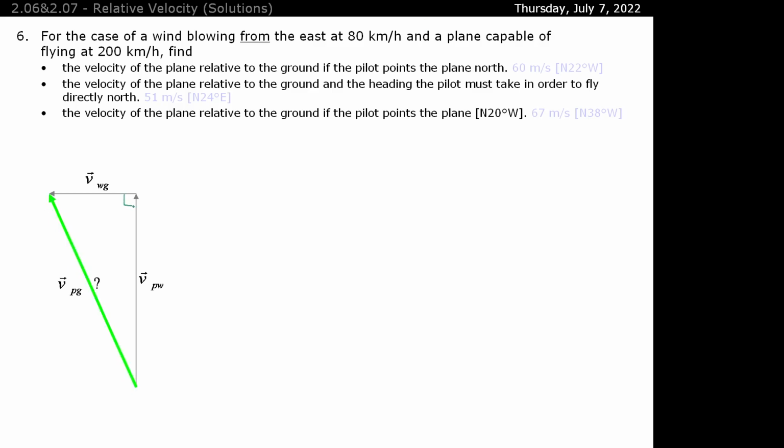Another lovely right triangle. So VPG, for a right angle triangle, we can use the Pythagorean theorem. VPG squared is equal to VWG squared plus VPW squared. That is 80 kilometers per hour squared plus our 200 kilometers per hour squared.